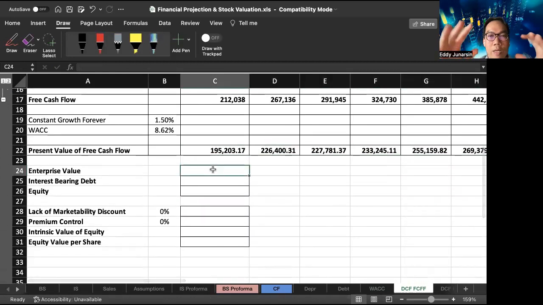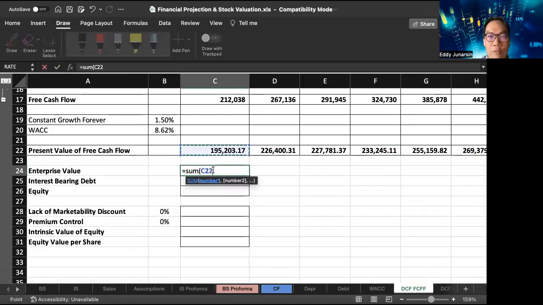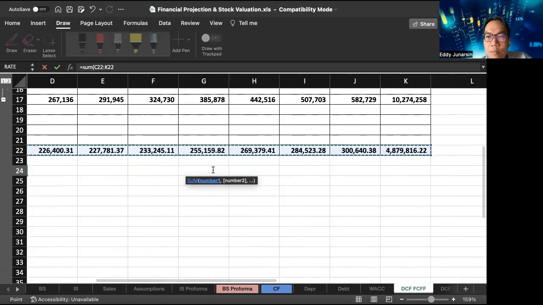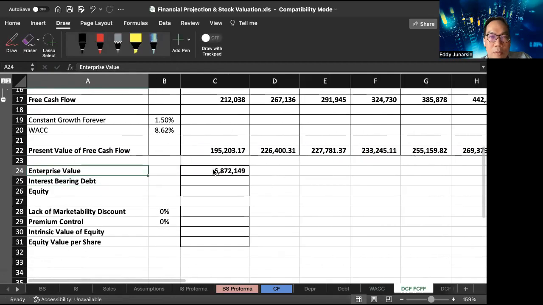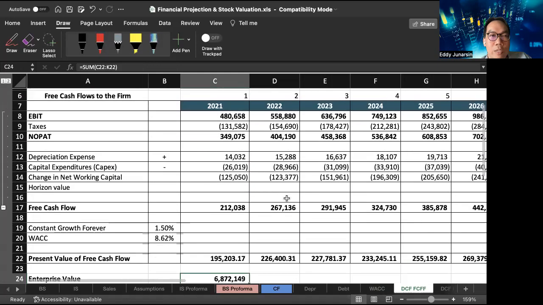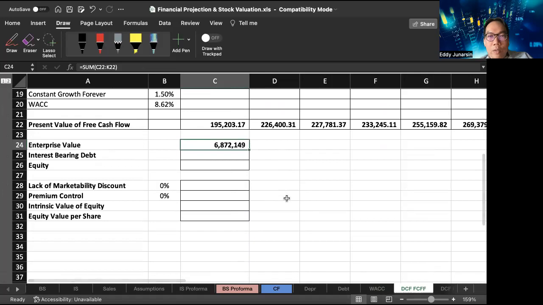Okay, so what is the market value of the enterprise or the company or the project? It's just the sum of this. Okay, so 6.8 million, but in thousands. There's 6.87 billion.